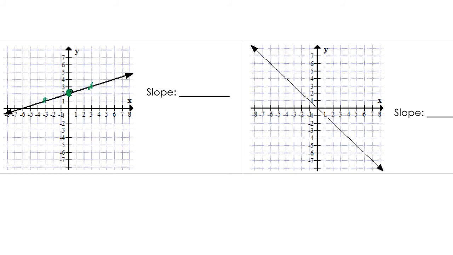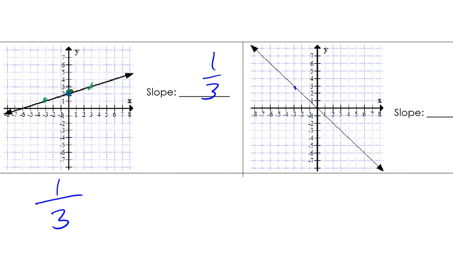I'm going to start from this point on the y-axis. And as I said before, I like to go up first. So I only go up 1 to get even with the other point. So my numerator is 1. And then I'm going to go right 1, 2, 3. I went right 3, so the slope is 1 over 3. Up 1, right 3.